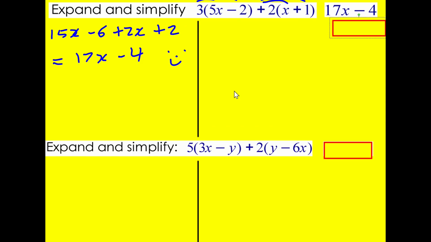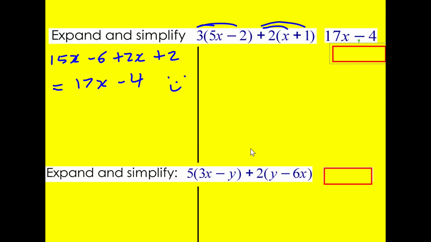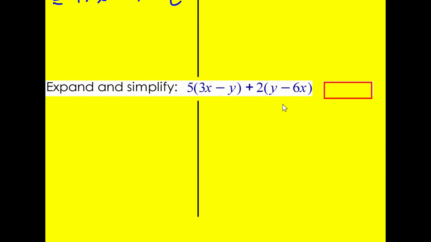So we've got a similar kind of setup, but now instead of just x's, I've also got some y's in there, but just deal with it the same kind of way. So I'm going to get 15x minus 5y plus 2y minus 12x.